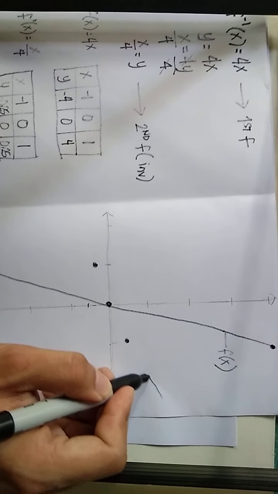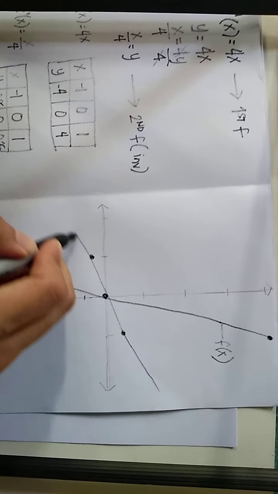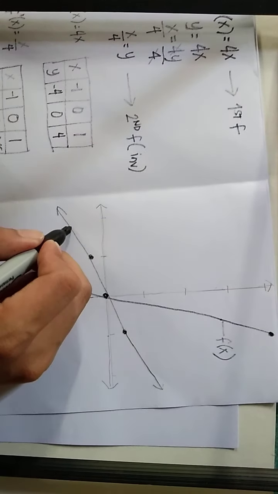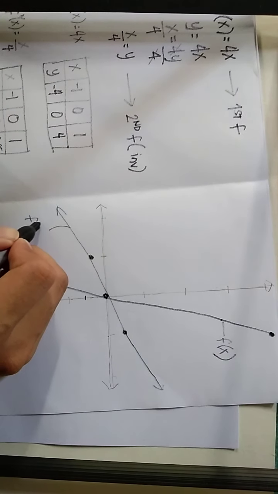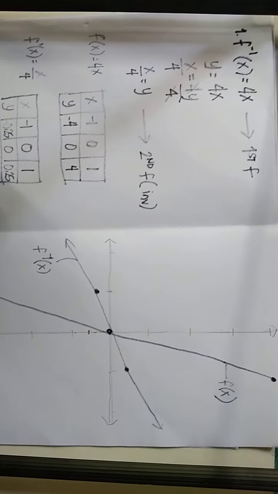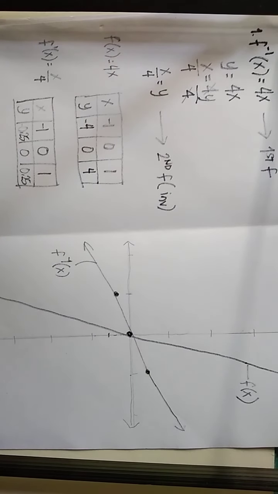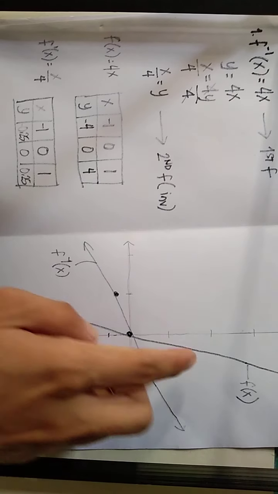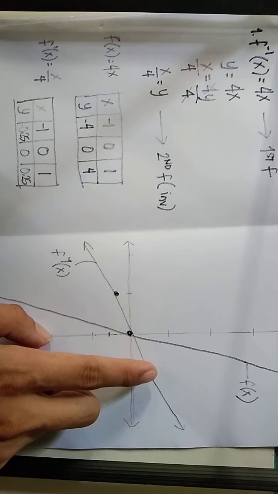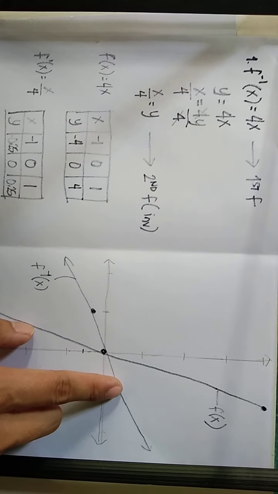So that is also a linear function, and this is the inverse function of our x. So as you can see that the graph here is the inverse of our graph na ating nakuha.